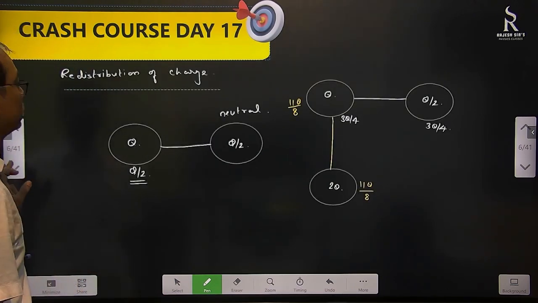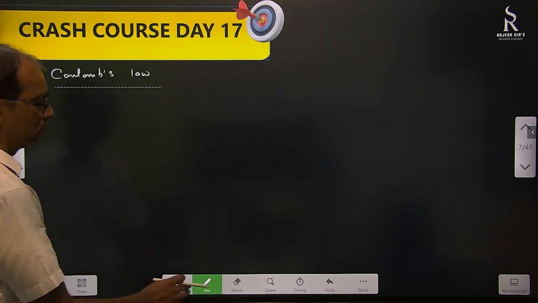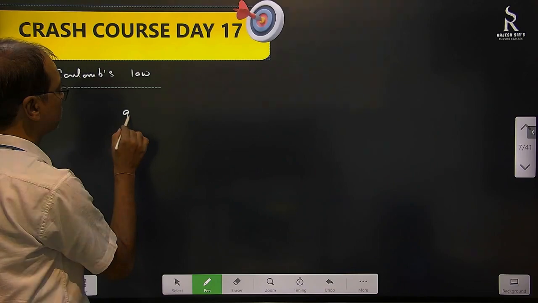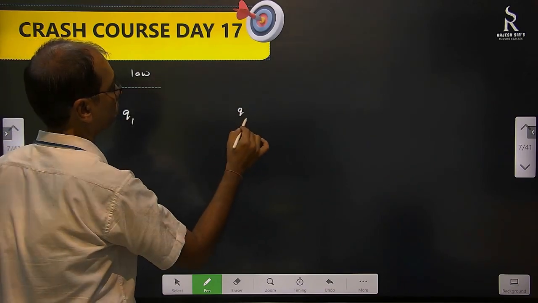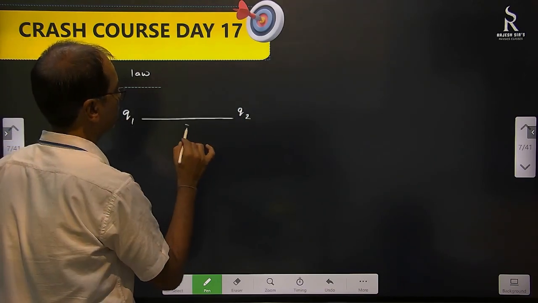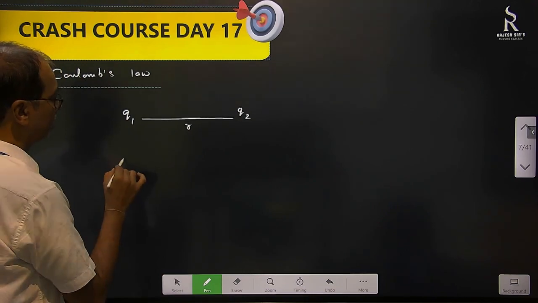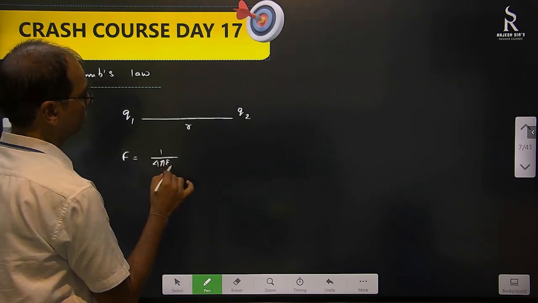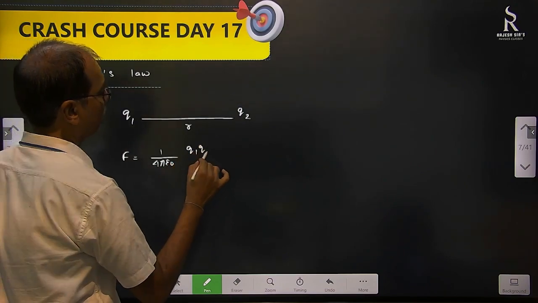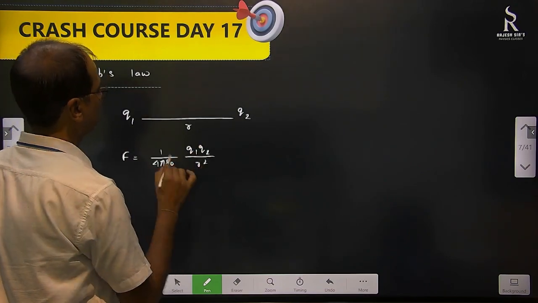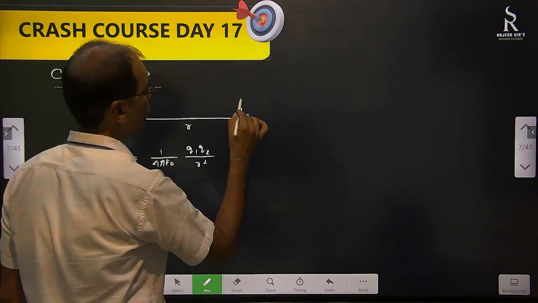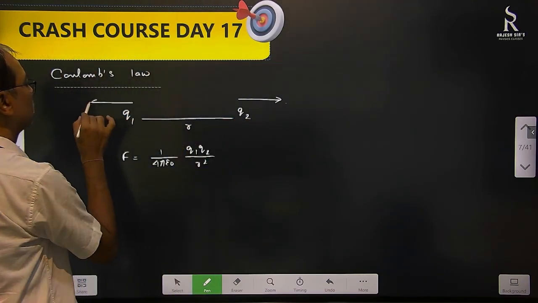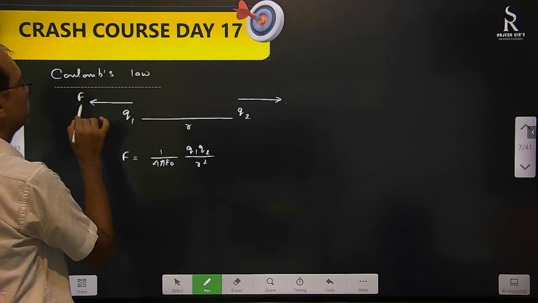Now we are moving on to Coulomb's law. Coulomb's law is what? We all know that if there are two charges, Q1 and Q2, kept at separation R, then there is a force between them, which is 1 by 4 pi epsilon naught, Q1 Q2 by R square. Q1 is applying force on Q2 and Q2 is applying force on Q1. Both are equal and opposite.